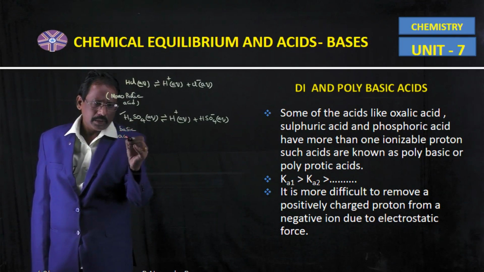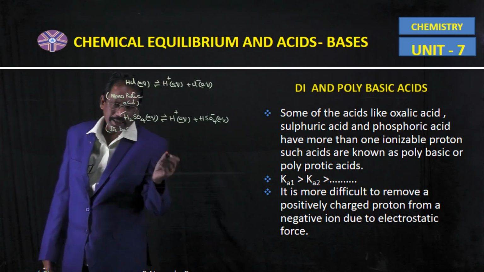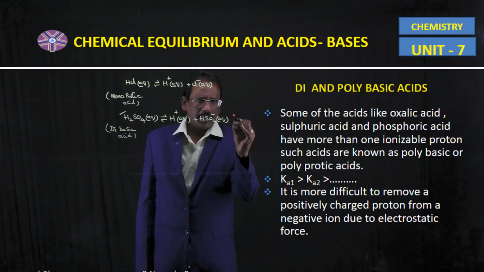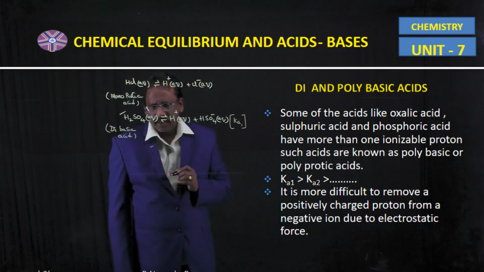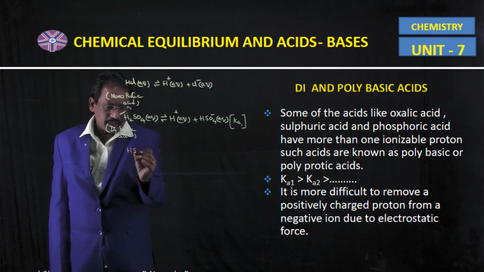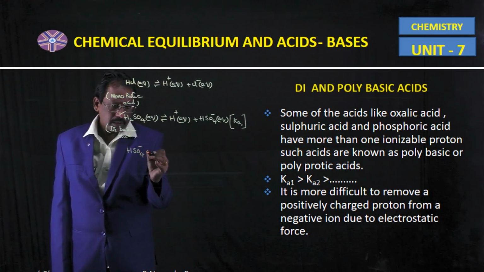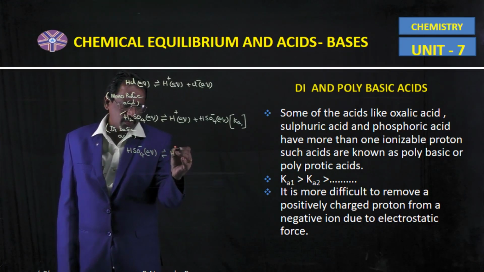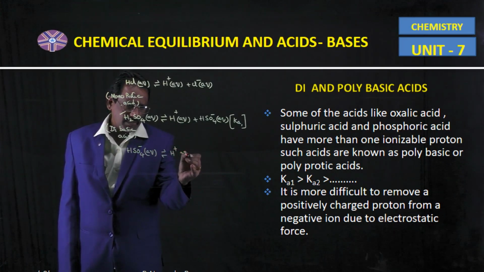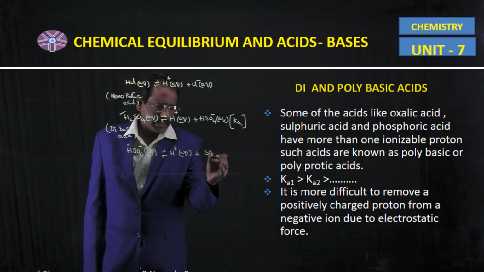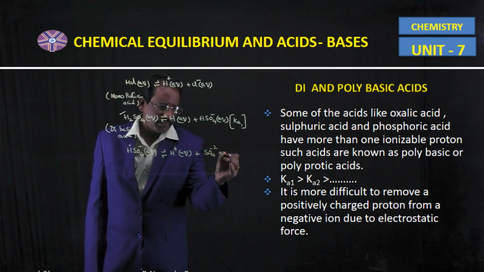So it is having 2 Ka values. This is Ka1, first ionization. After that, bisulfate ion in aqueous medium dissociates into H plus aqueous, and finally SO4 minus 2 aqueous will be formed.